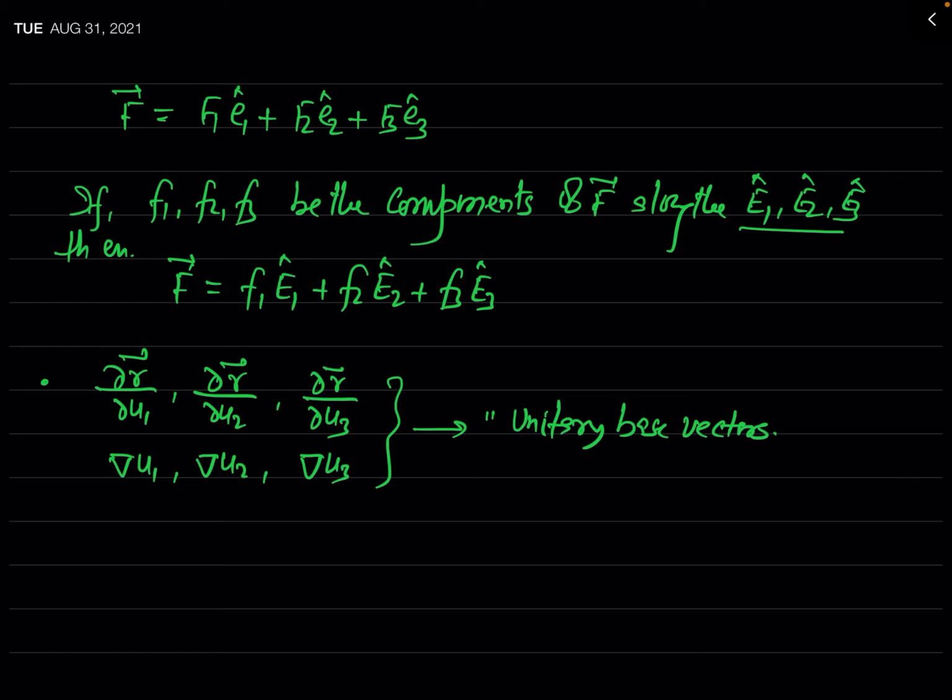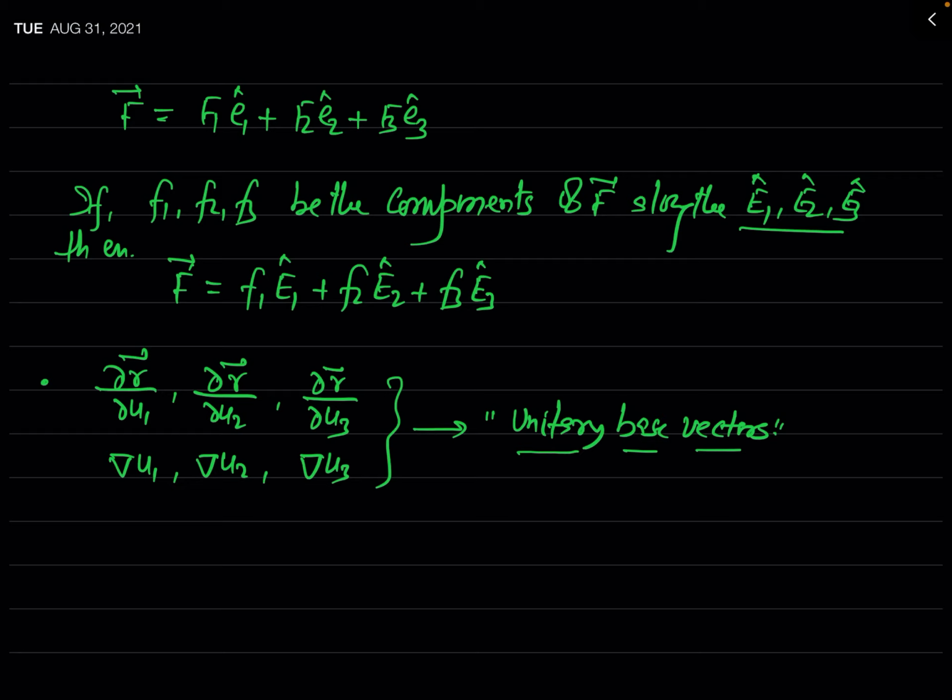Although these are not unit vectors, when you divide these vectors by the modulus of the same vector, then you get the unit vector. So these are not unit vectors, but these are the basis from which we can find the unit vector. So these vectors are known as unitary base vectors. Actually, any vector in a space can also be expressed in terms of these unitary base vectors instead of the unit vectors.